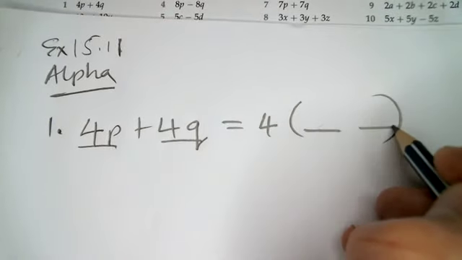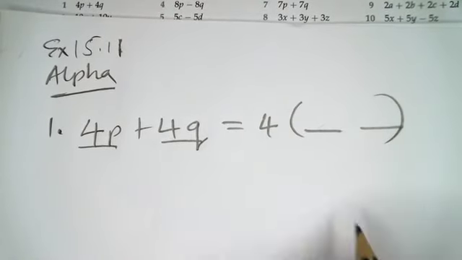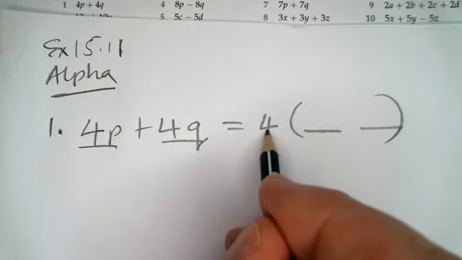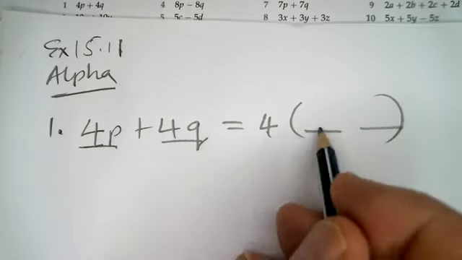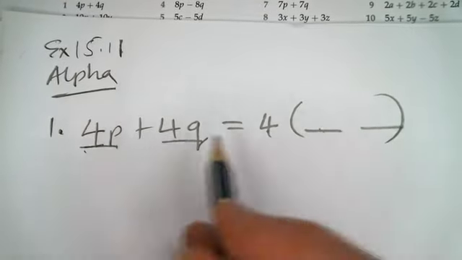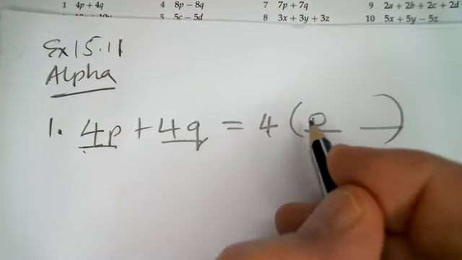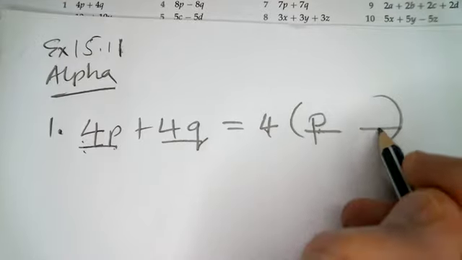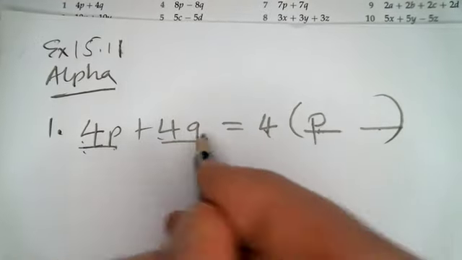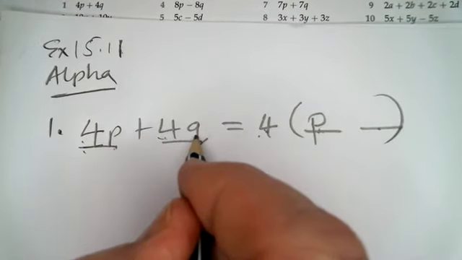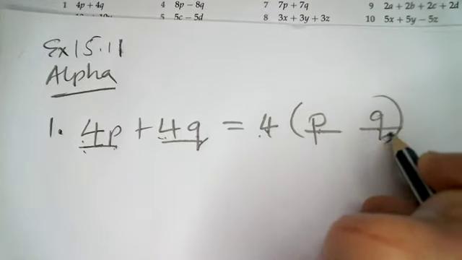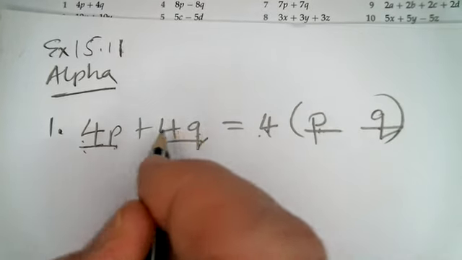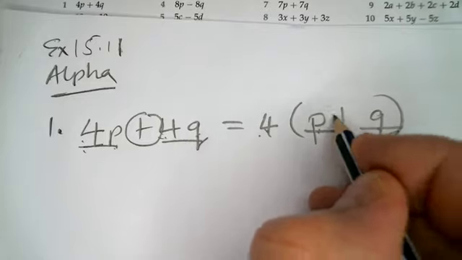And we ask the question, what times 4 makes 4p? Well, 4 times p must equal 4p. And what times 4 makes 4q? Well, 4 times q must equal 4q. And there's a plus in the middle here, so I put a plus here.